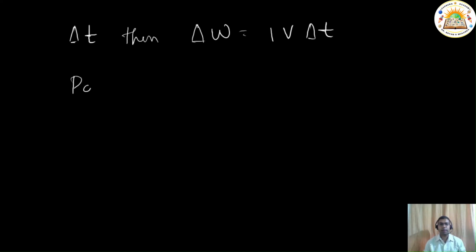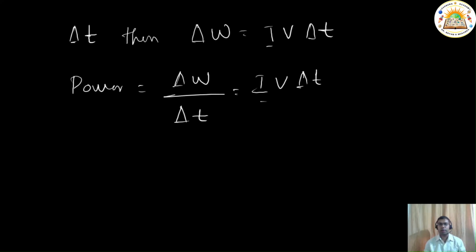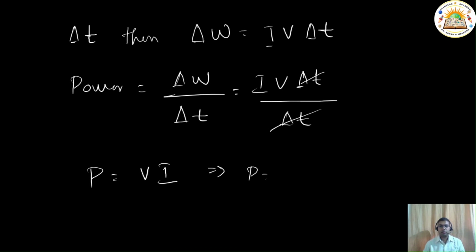The power is given as work done per unit time, delta W by delta T. So if I substitute, I would have IV delta T whole divided by delta T. So I have got P is equal to VI, or I can write P equals IV.